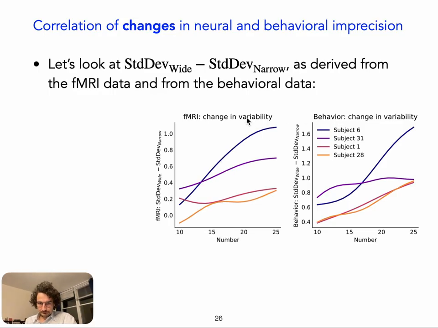Now, if we look at the fMRI-derived responses, we obtain these 4 curves here for these 4 subjects, and so we recover this inter-subject variability, and in particular we recover their ordering. And so here also, just looking at the neural data, we find that the change in imprecision for subject 6 from one prior to the other is larger than the change in imprecision for subject 28.